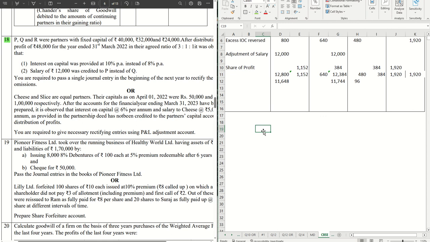Straight away that will be P's capital account debit, R's capital account debit, straight away to Q's capital account.